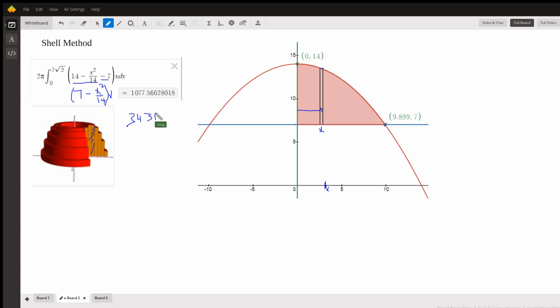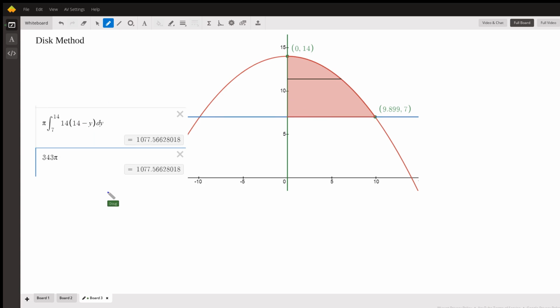Now, if you did want to use the disk method, we would picture this as a radius of a typical disk. And the formula is pi times the definite integral from a to b of the radius squared.